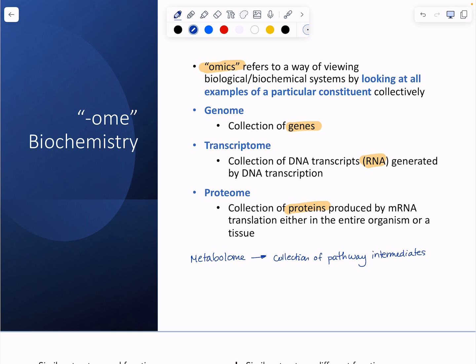So all of the omic technologies rely heavily on large data sets and computing. We collect those data sets through different techniques. For the metabolome and the proteome, mass spectrometry. For the transcriptome and the genome, it's going to be DNA sequencing and PCR.